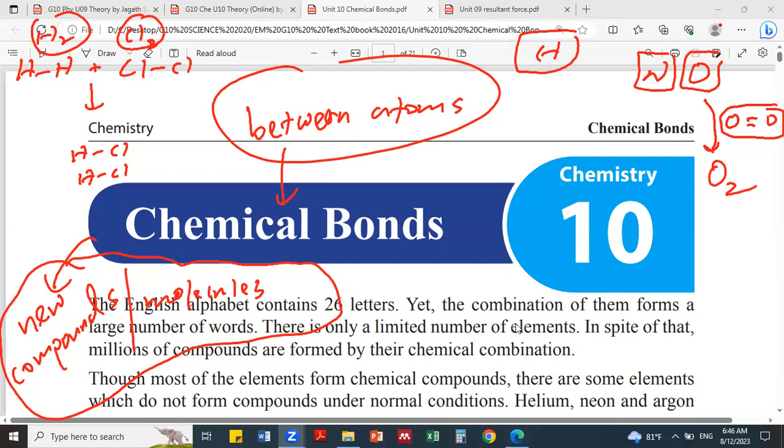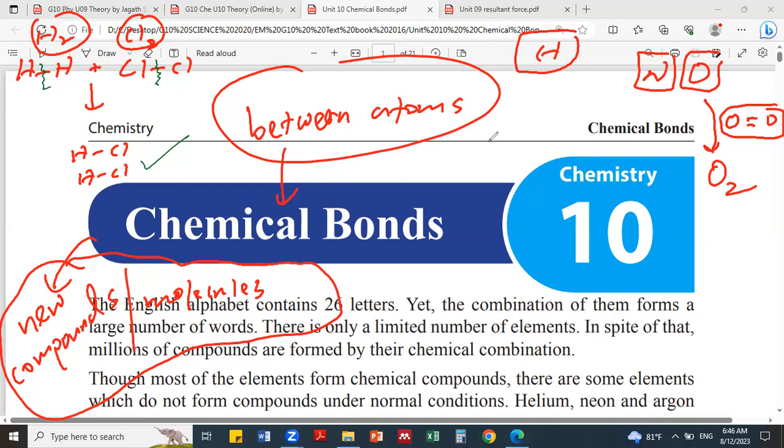The existing H-H bond breaks down, the Cl-Cl bond also breaks down, and then you get a new bond. So chemical bonds can be formed between atoms, between ions, and by breaking down the existing bonds, new bonds can be formed this way also.